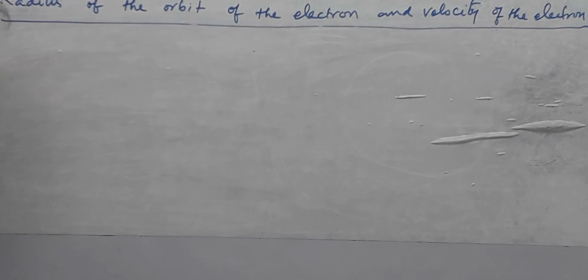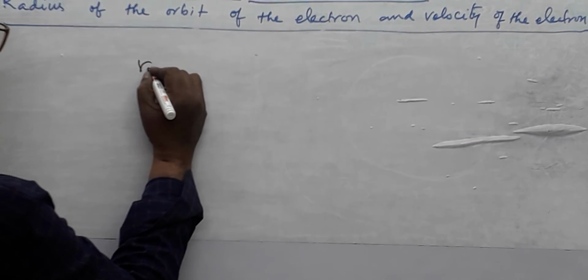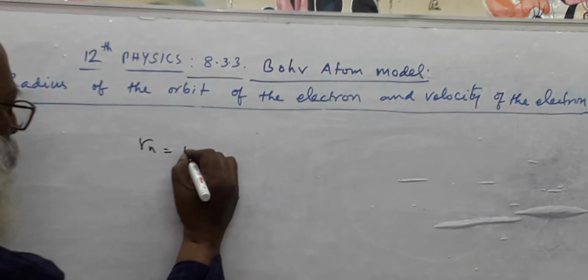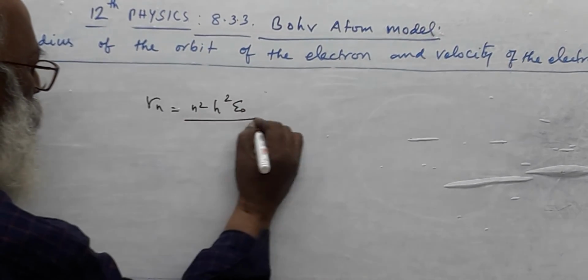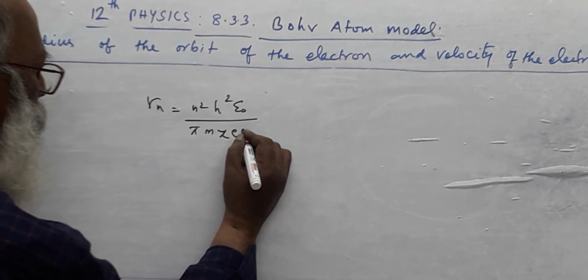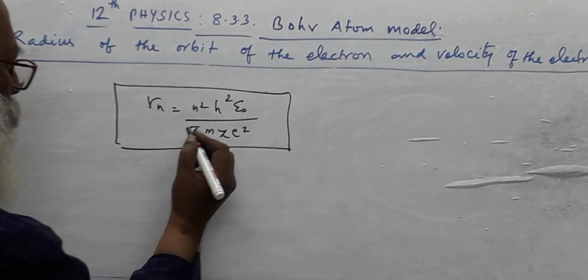When you say the Rn value, we have to memorize it: n square, h square, epsilon naught divided by pi m Z e square. This is the basic equation that you need to calculate.